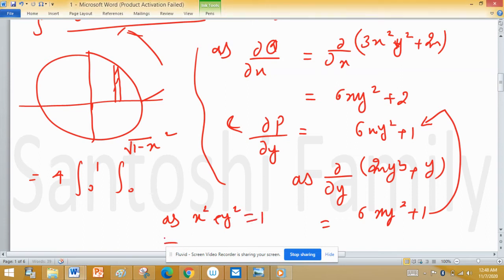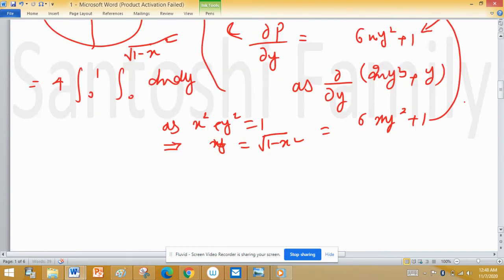So y equal to square root of 1 minus x square, you can see here, and dx dy.